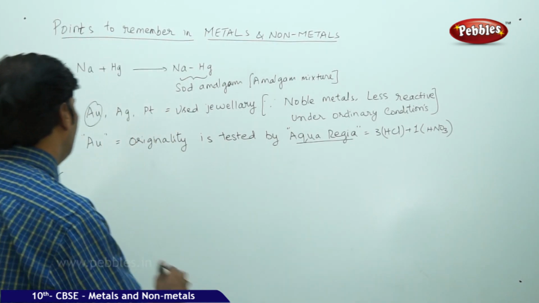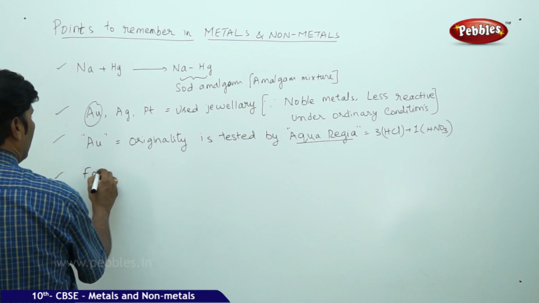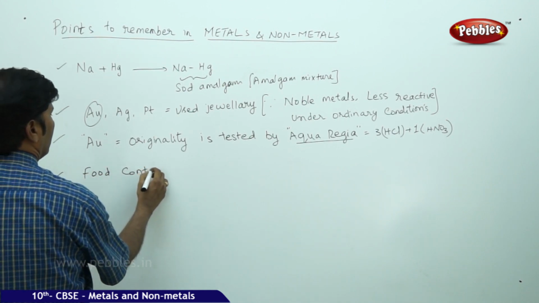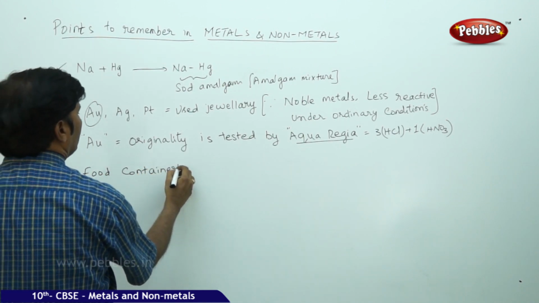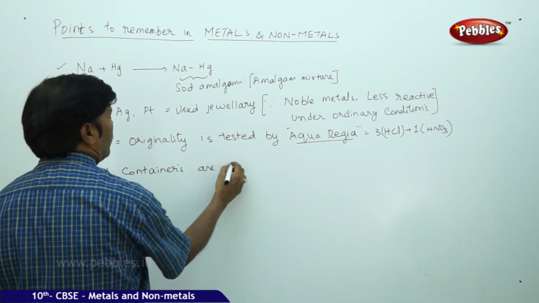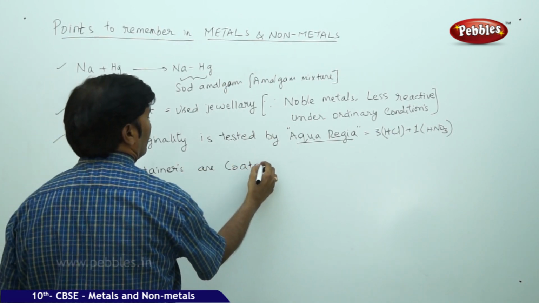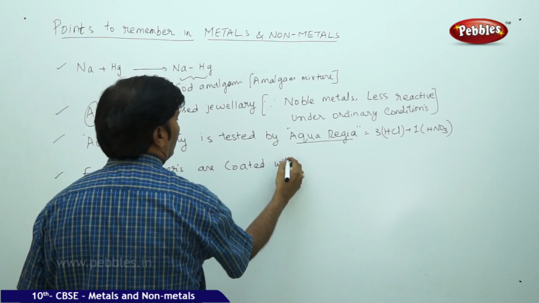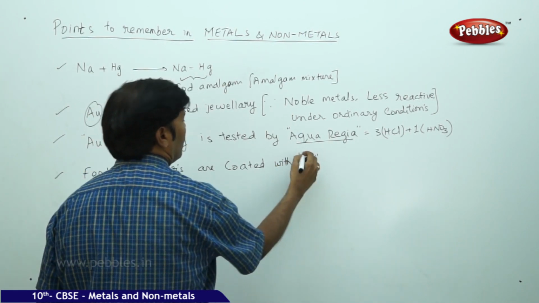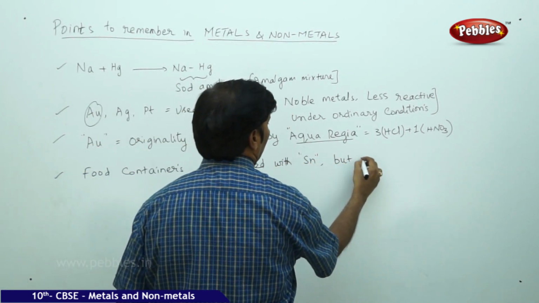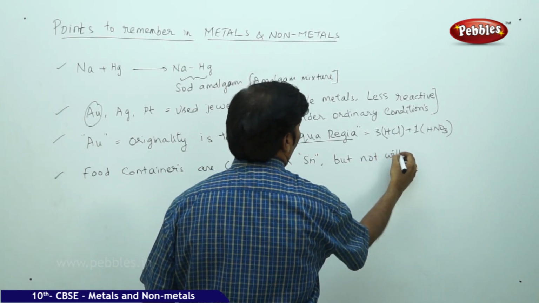So the next point here is that food containers are coated with tin but not with zinc.